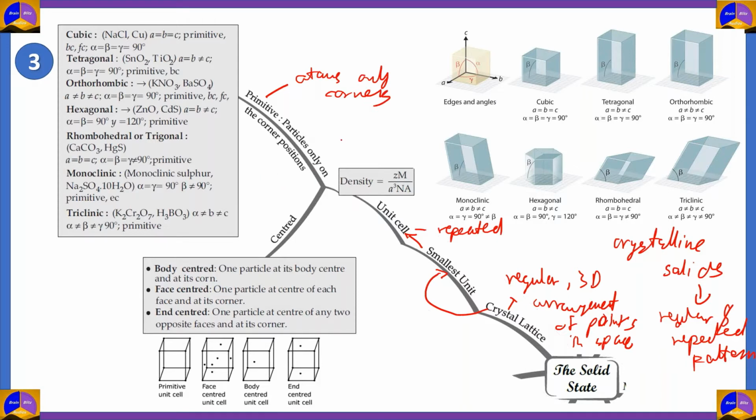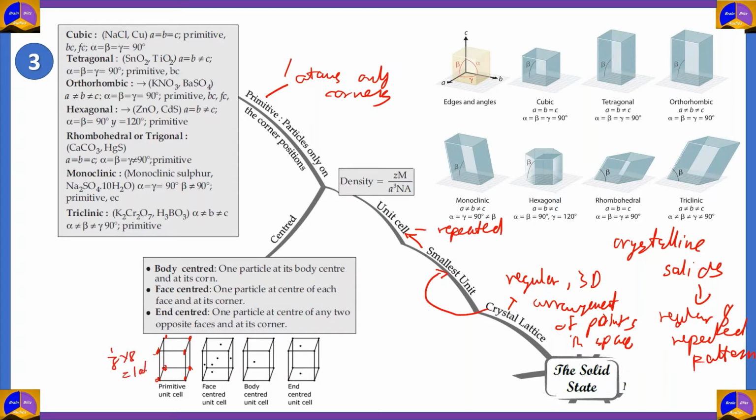And these primitive cells have 8 atoms because for a cubic cell, there are 8 corners. So the atoms are present in these 8 corners, and each of the atoms here is shared by 8 unit cells. So they have 1 by 8 times 8.